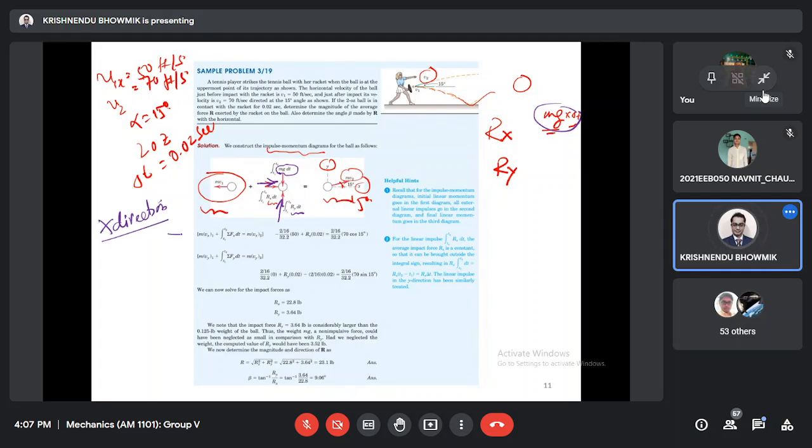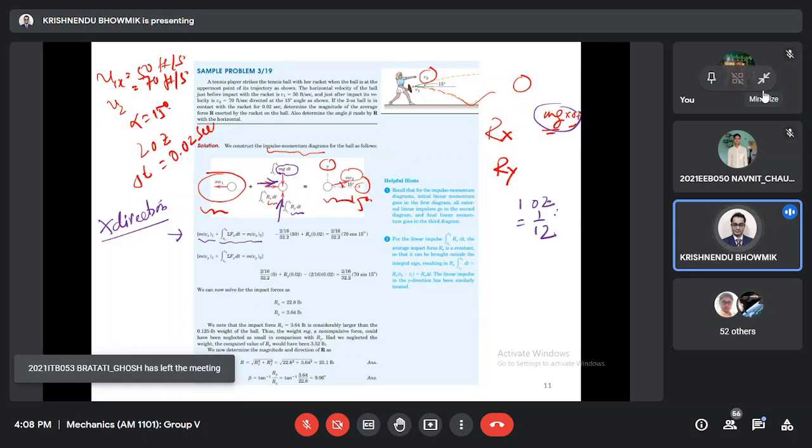Now if somebody is working for the x directions, you concentrate on the x directions. So mvx1 plus the integral from t1 to t2 of summation Fx dt equals mvx2 in the x directions. In the x directions it has been conserved. Now what is m? Actually 1 ounce, oz, equals 1 by 16 pound.